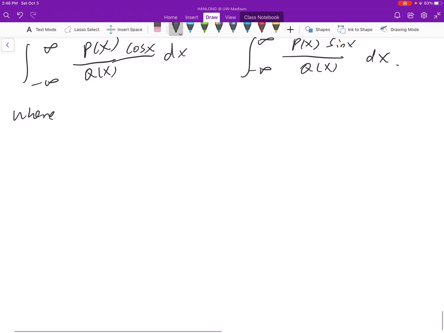The assumption on P and Q is that their coefficients are real.